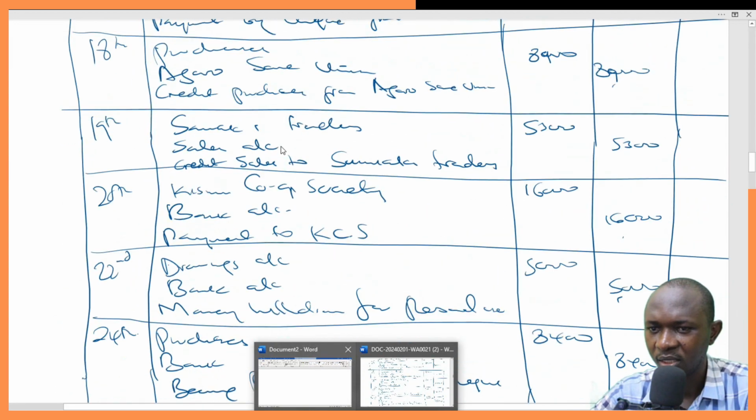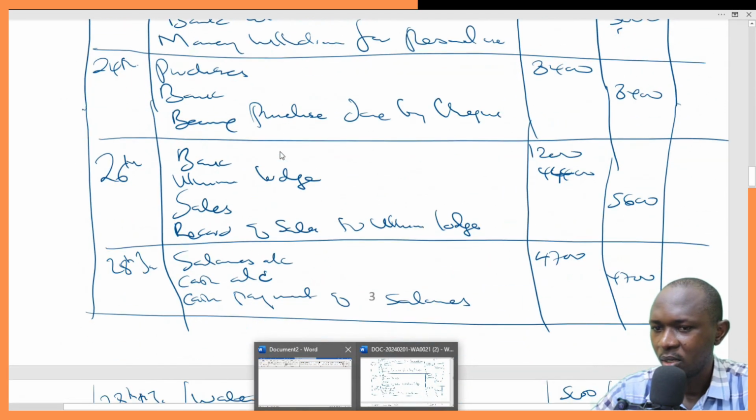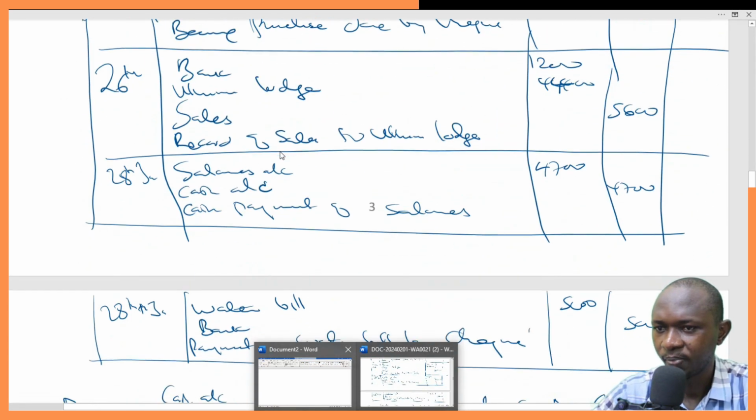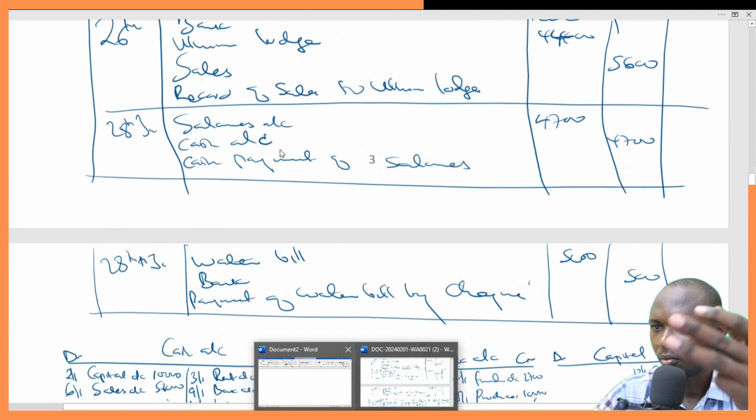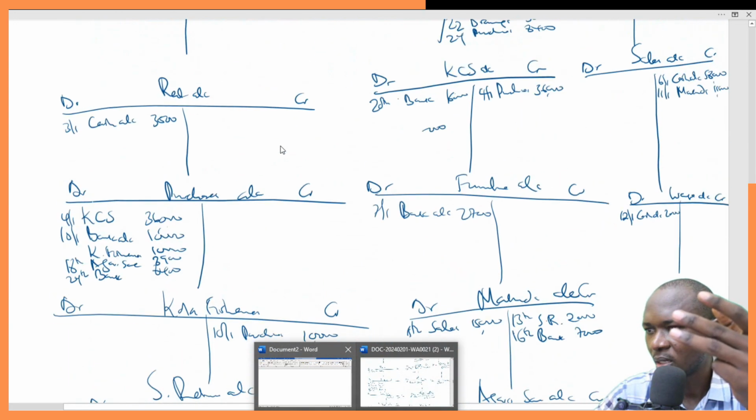Debit bank, credit Uthiru Lodge. No, debit bank, debit Uthiru Lodge, and then credit sales. So we come to bank, we debit 1,200. Bank, debit 1,200. That is on 26th. So bank account 1,200.